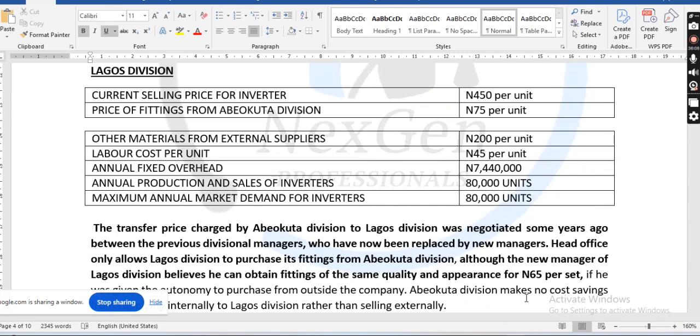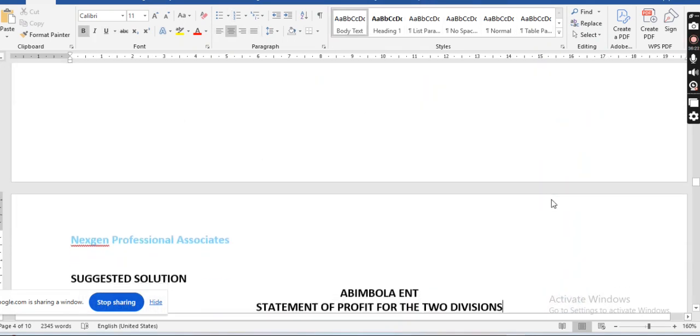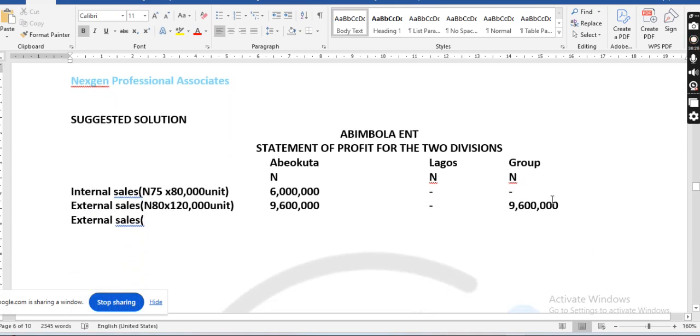At 450, and we sell the 80 that was purchased from Abeokuta.